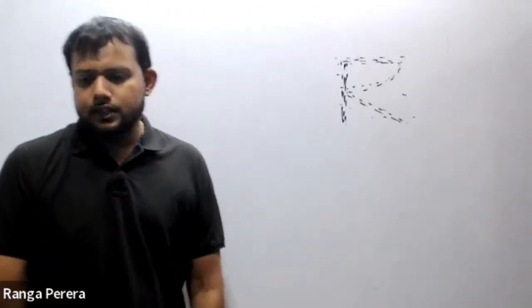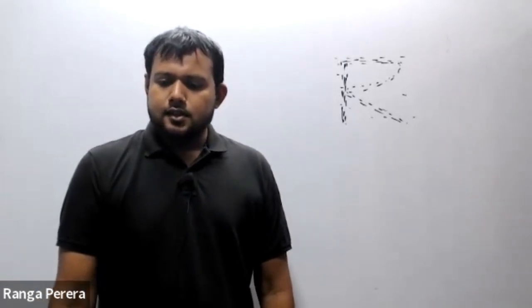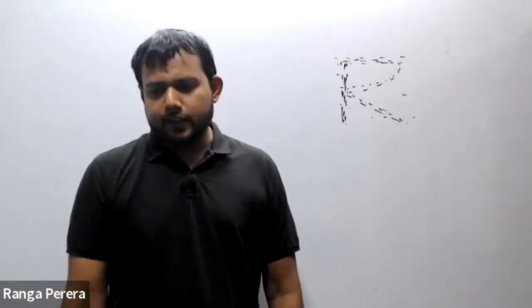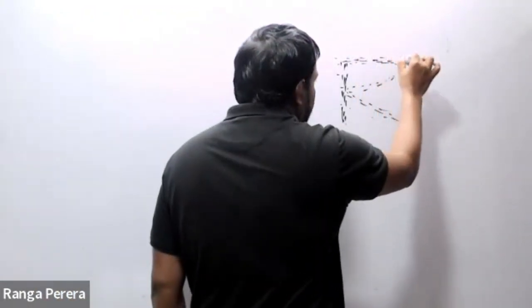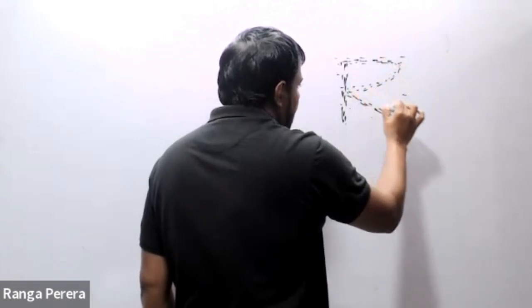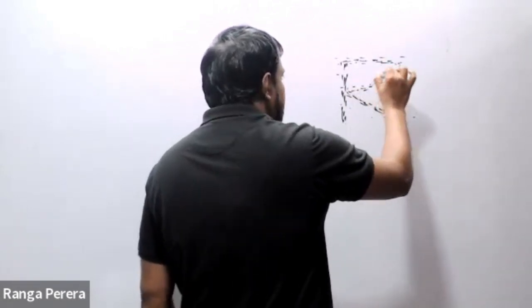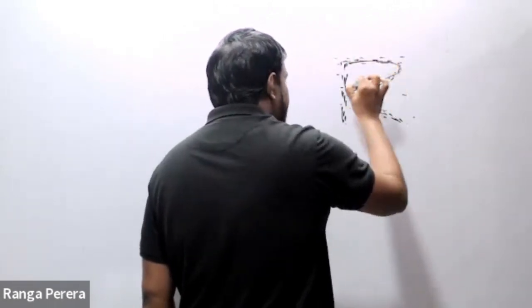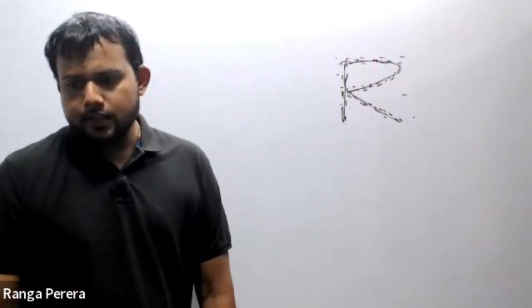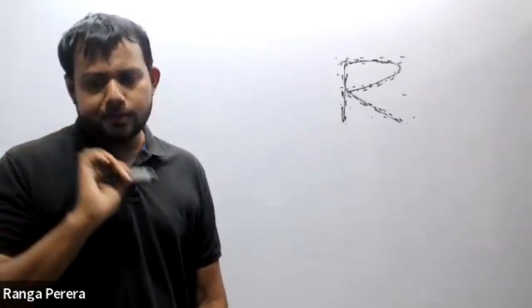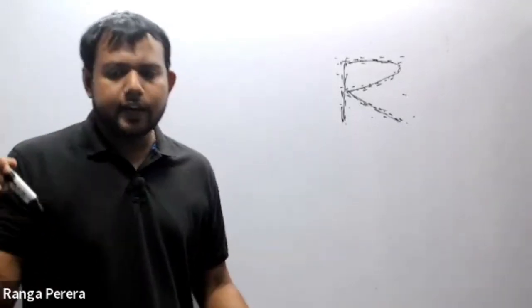Looks like what? It is R. Yes, it is R. If you put more dots on these particular lines, you can see the exact R, which is a quality thing. You have to place more dots along the line, then only it is connected.